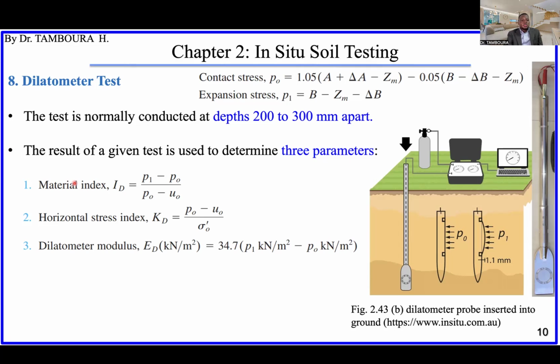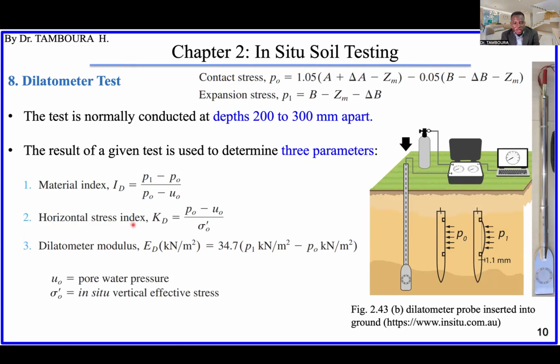Material index, ID, is obtained by using this P1 minus P0. P1 is this one. P0 is this one. And you divide it by this P0 minus U. Okay, U is pore water pressure.